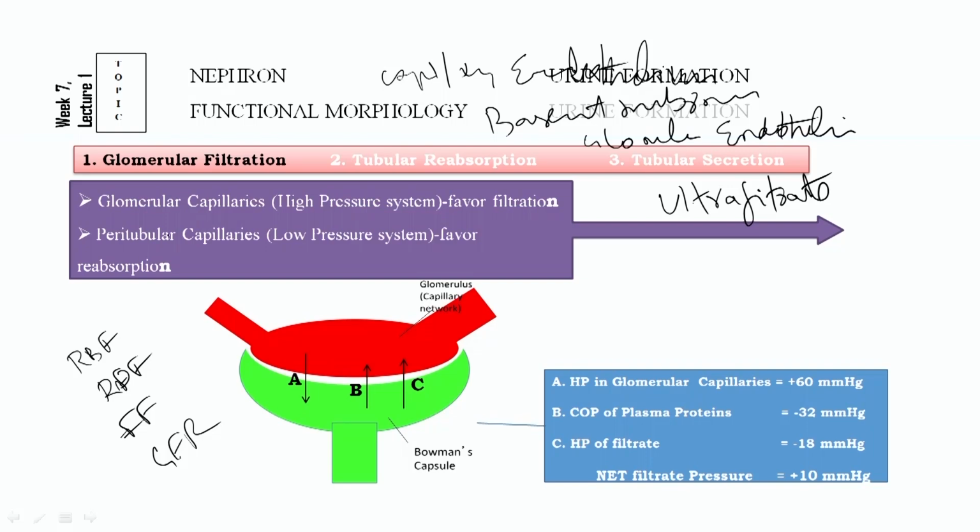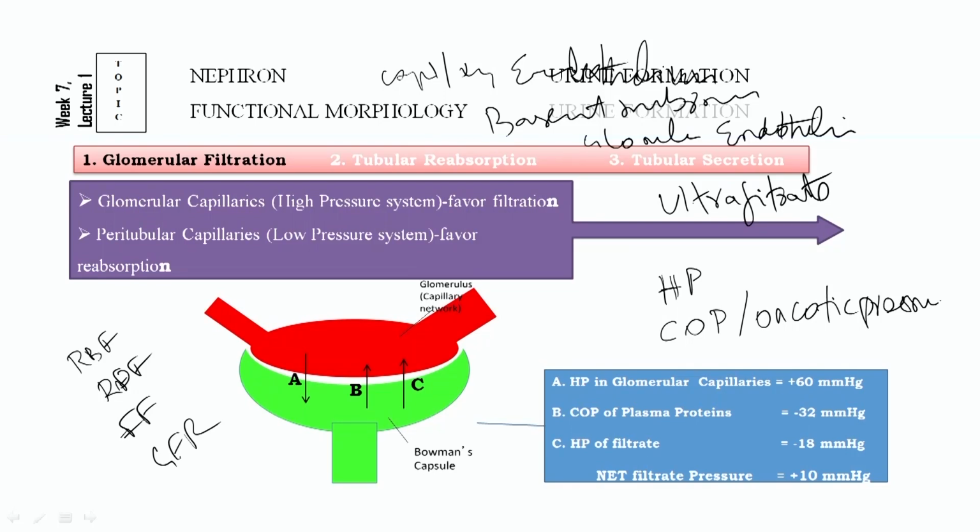So how is this glomerular filtrate formed? All these filtrates are formed with the help of some pressure. Okay, there are two important pressures involved here. The first is called hydrostatic pressure, and the next is colloidal osmotic pressure, you can say oncotic pressure.